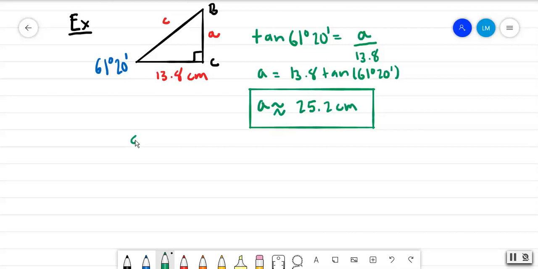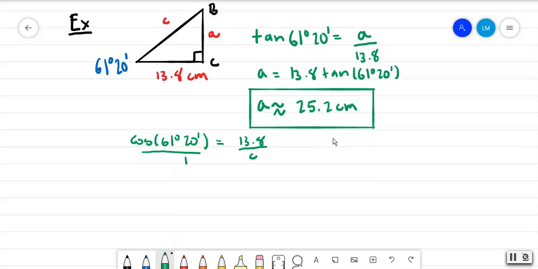That would be cosine. So cosine of 61 degrees and 20 minutes is going to be 13.8 divided by C.